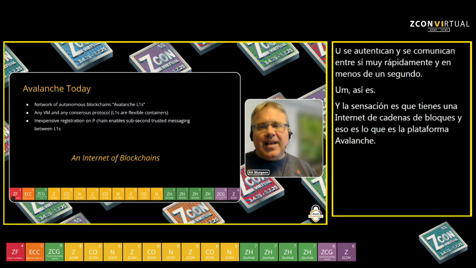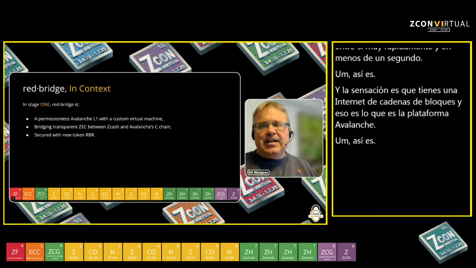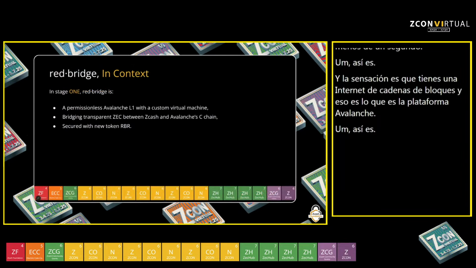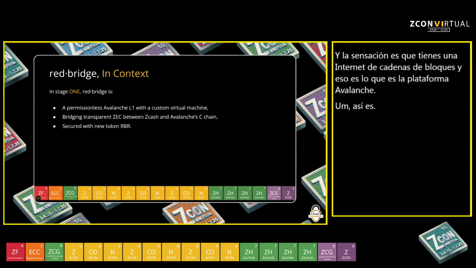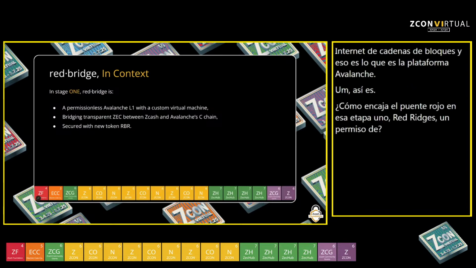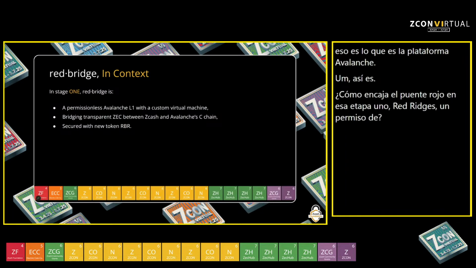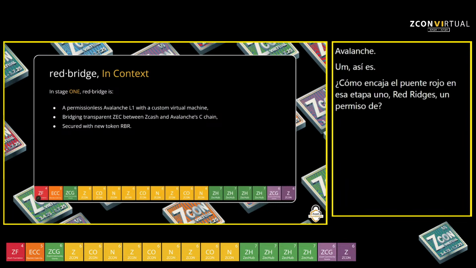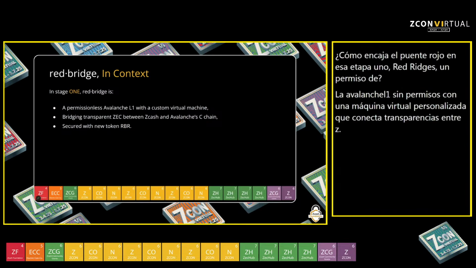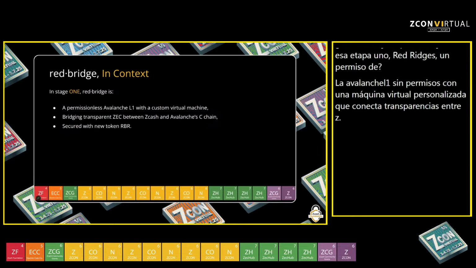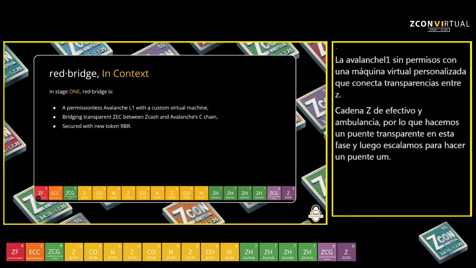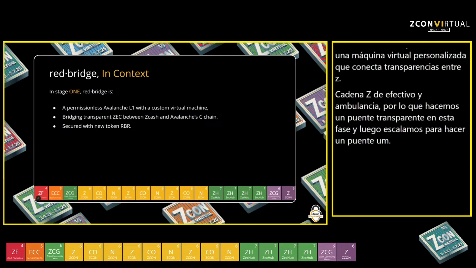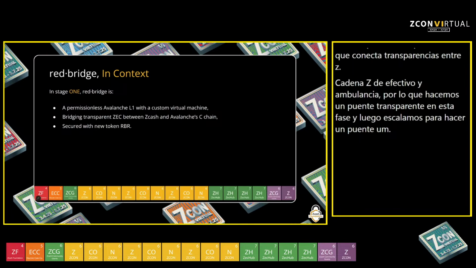So how does RedBridge fit into that? In stage one, RedBridge is a permissionless Avalanche L1 with a custom virtual machine that's bridging transparent Zec between Zcash and Avalanche's C chain. So we bridge transparently in this phase and then escalate to bridge shielded Zec in phase 3. And it's secured with this new token, RBR.